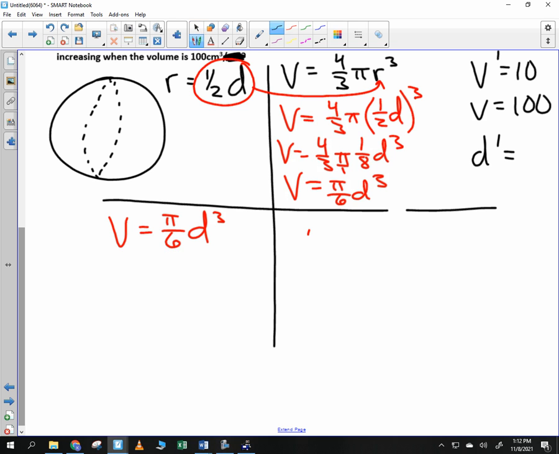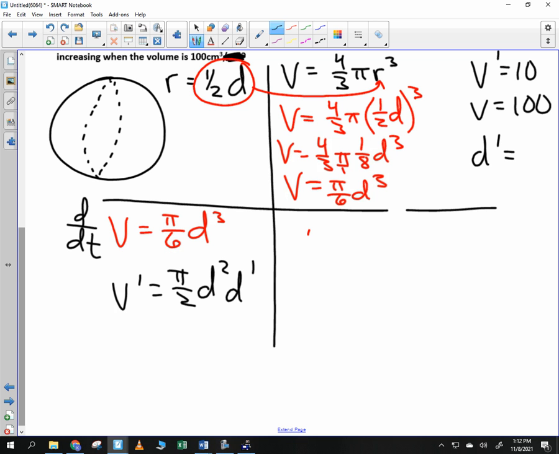Let's take the derivative with respect to time. What's the derivative with respect to time of v? V prime. What's the derivative of pi over 6 d cubed? 3 drops in front to get 3 pi over 6, which is pi over 2.